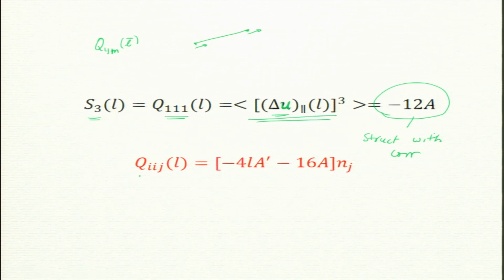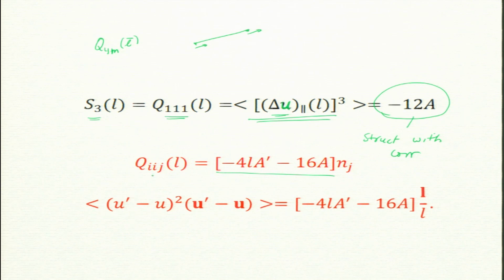Now Q I I J is again related with A and A prime, it is like this. So you have to plug it in, replace D and F by the formula, and you will get this. I am just giving you the steps, you have to work it out yourself. Qij is basically what I just showed you, this square coming from I and J. Now, in the earlier slide there is a divergence of this object.